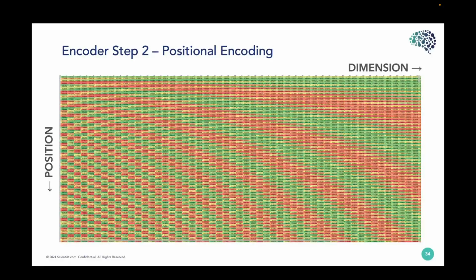You're just going to add this positional encoding vector to your input vector, and that's going to move those vectors in space just a little bit. But every position is going to move in a slightly different direction. You can kind of see that in this pattern here, right? Every position has a different set of values. So every position is going to move in a slightly different direction. Why the heck would you do that?